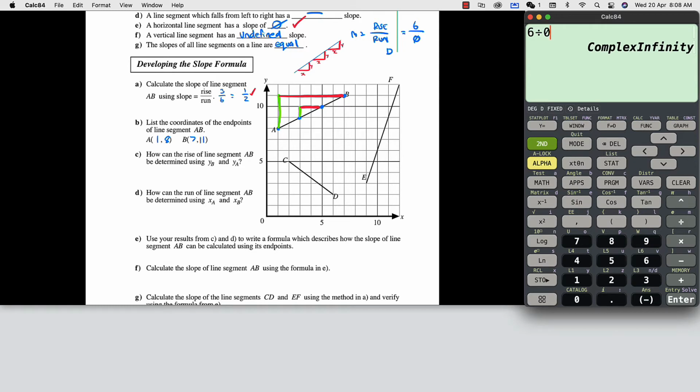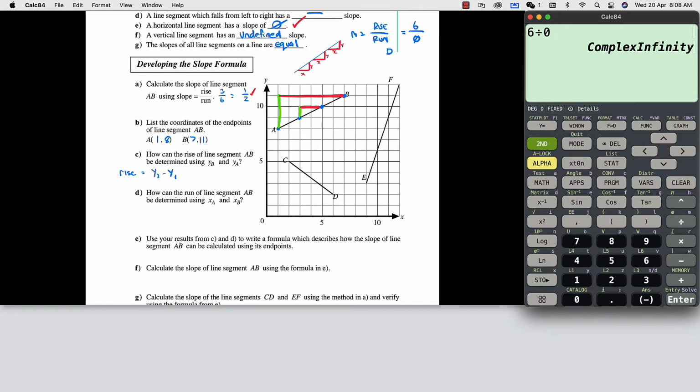Part C, how can you determine the rise of line segment AB? Well, we've done this before. The rise is going to equal y2 minus y1.